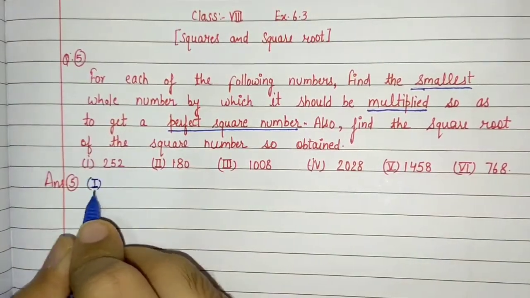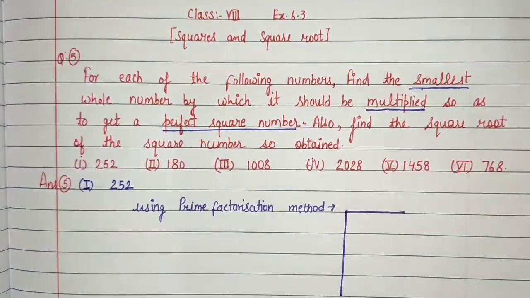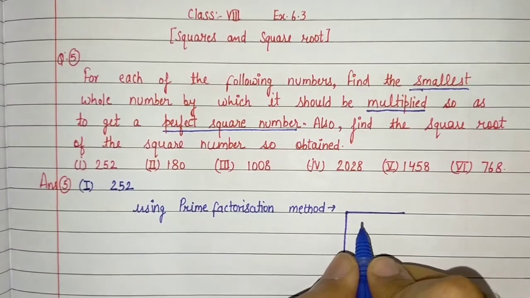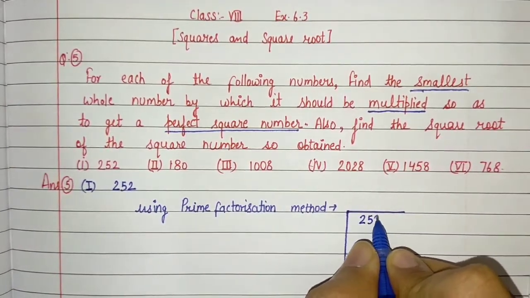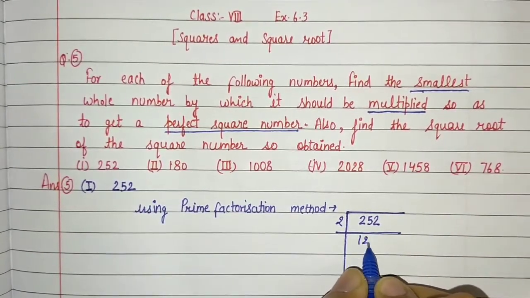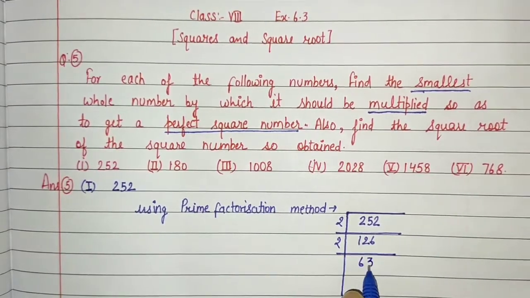So first part here, 252. By using prime factorization, we will find the prime factors of 252. Even number, divide by 2, 126. Again divide by 2, 63.